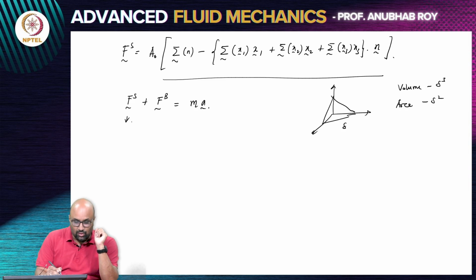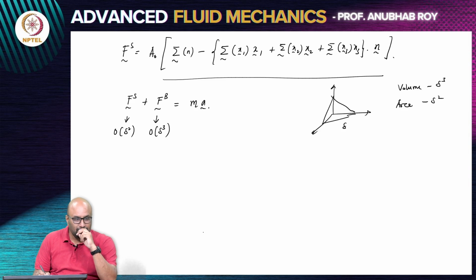So the surface force, which is proportional to the area, will be order delta square. The body forces, which are proportional to the volume, will be order delta cube. And the acceleration of the fluid, which again depends on the mass of the fluid, will also depend on the volume, and that should at least go as order delta cube.